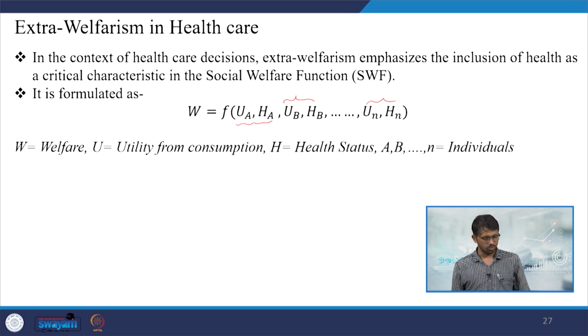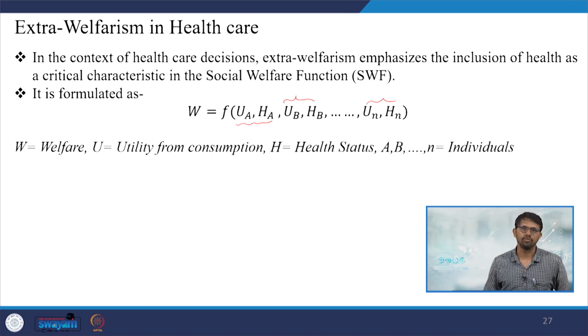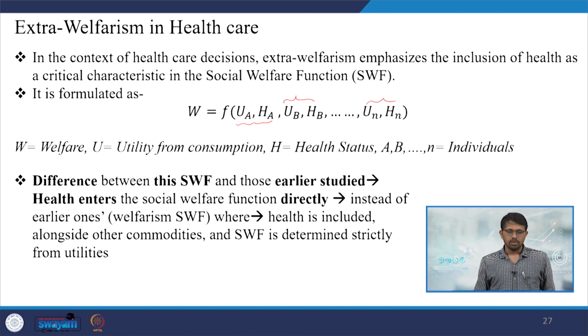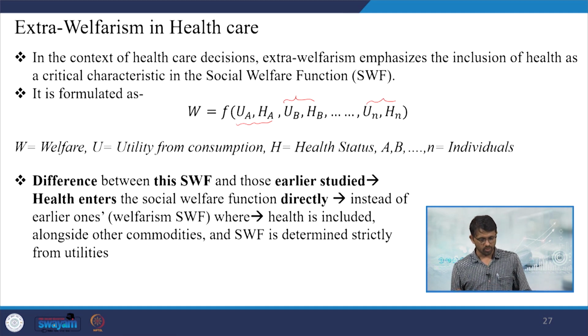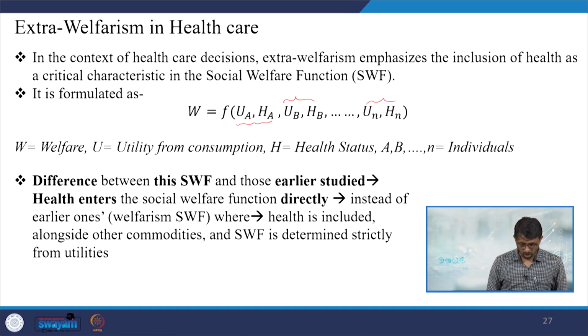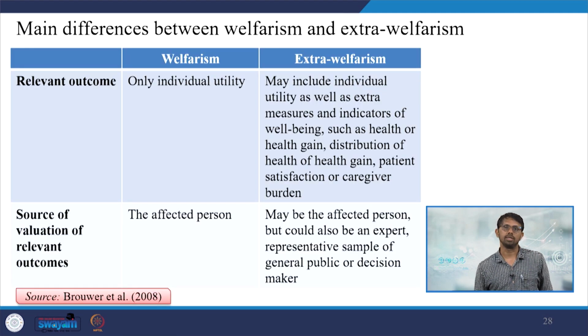So W stands for welfare, U stands for utility from consumption, H is the health status, also health state. The difference with the social welfare function studied earlier is that health enters the social welfare function directly, instead of the earlier welfarism SWF, where health is included alongside other commodities, and the social welfare function is determined strictly from the utilities.